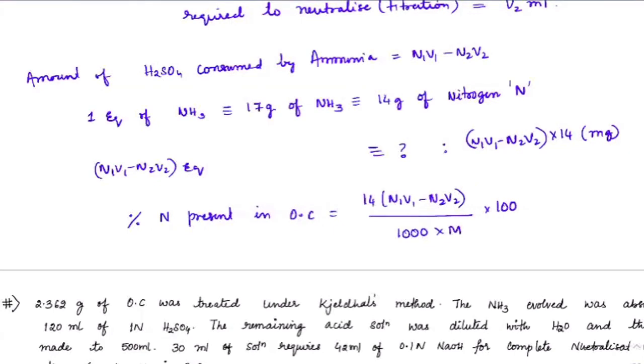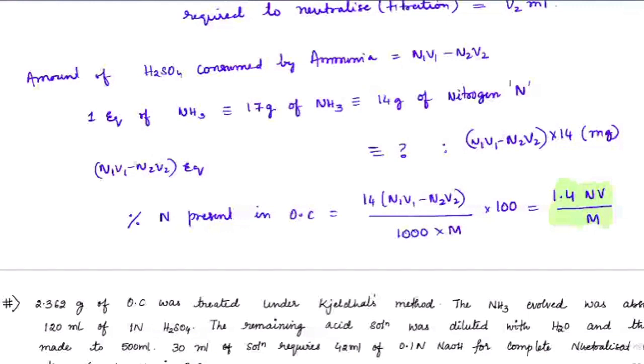Got it? Which gives us 1.4 NV in general by M. This is like a formula. When in books you would see this as a formula, 1.4 times NV by M. All of this is percentage nitrogen in organic compound.